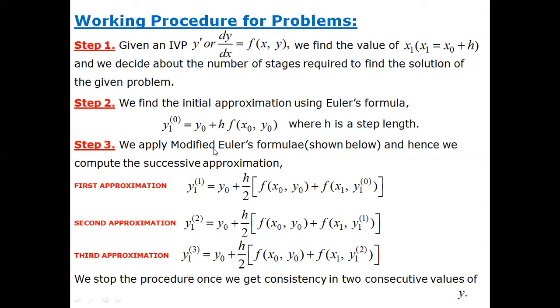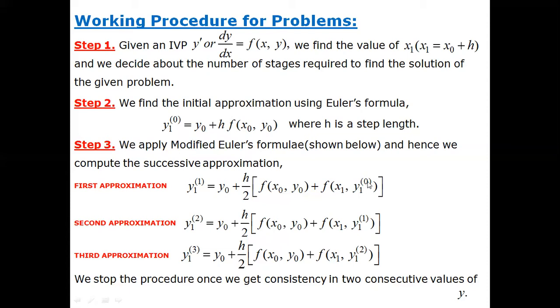Then go to step 3. We apply the modified Euler's formulae shown below, and hence we compute the successive approximations. The first approximation will be calculated by using the formula y1 power 1 is equal to y naught plus h by 2 into f of x naught comma y naught plus f of x1 comma y1 power 0.